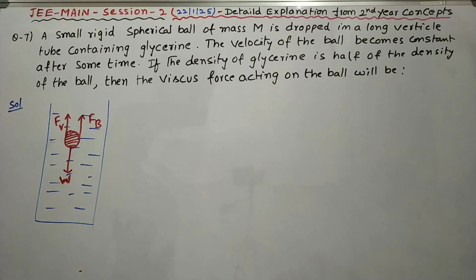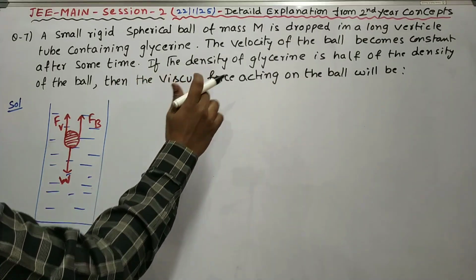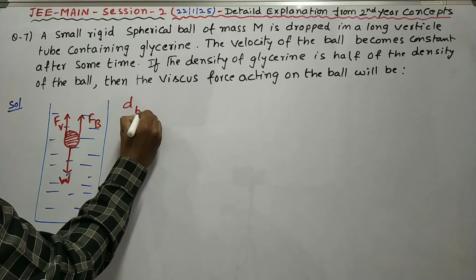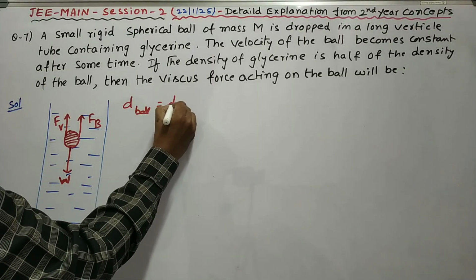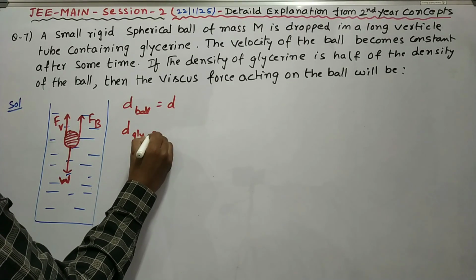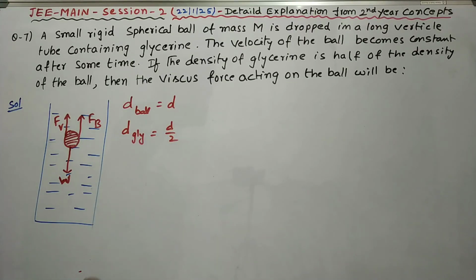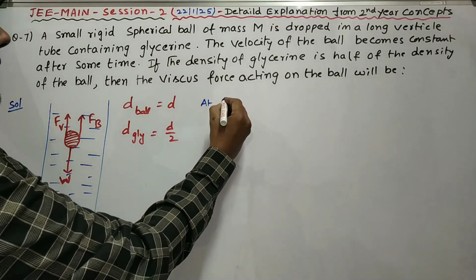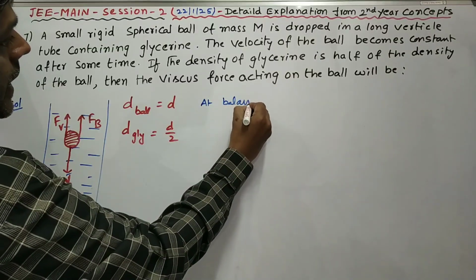Whenever the downward force balances the upward forces Fv and Fb, the ball attains constant velocity. The density of the glycerin is half the density of the ball; the density of the ball is D. This is the given statement.